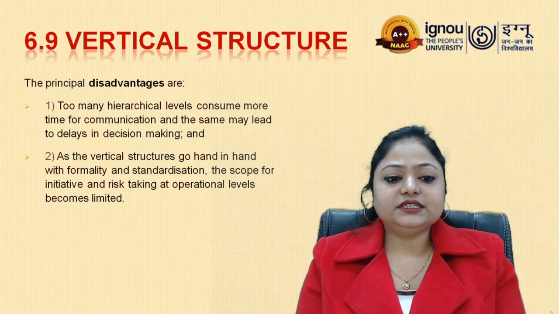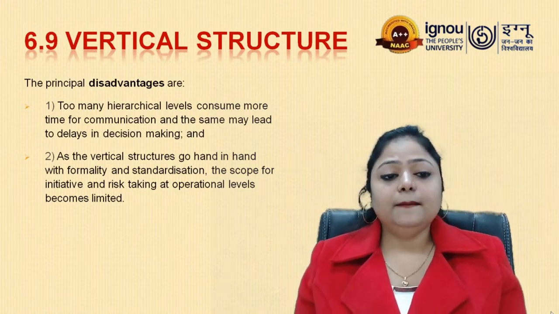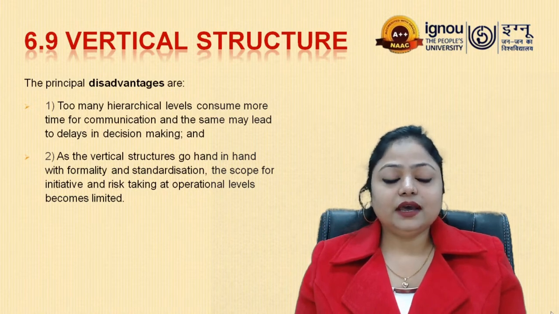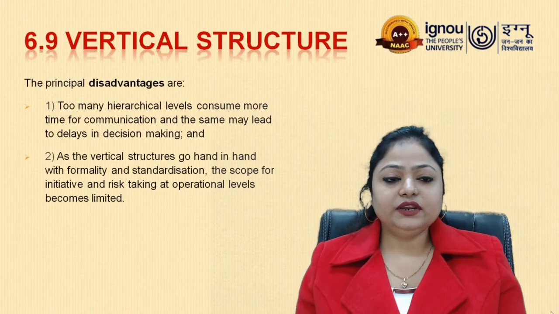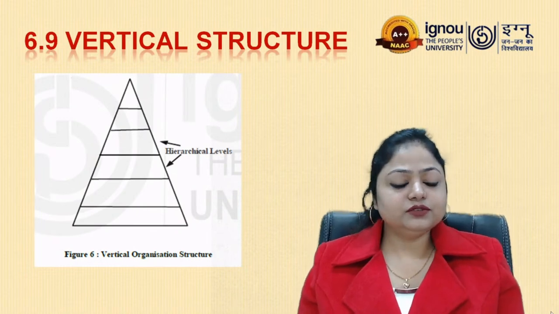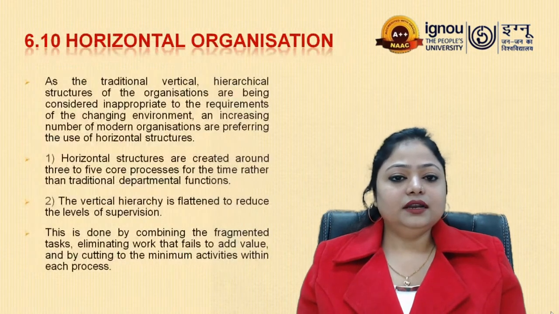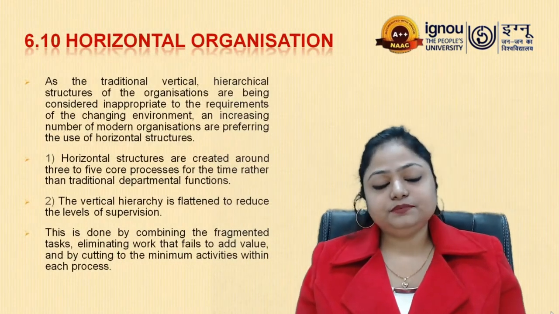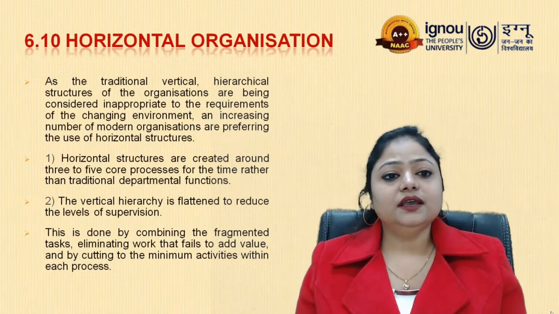The scope for initiative and risk taking at operational level becomes limited, and the advantage of decentralization is limited in vertical organizational structures. This type of structure can be seen in the chart depicted in this slide. Then another organizational type is the horizontal organization.